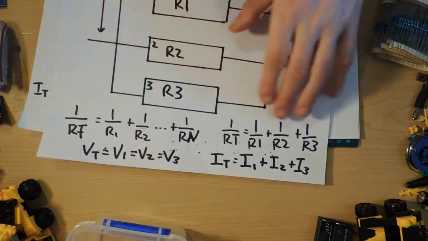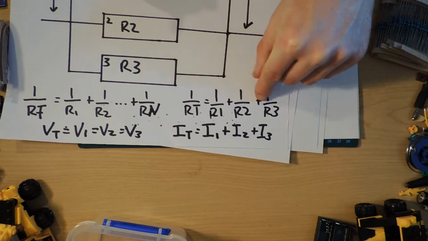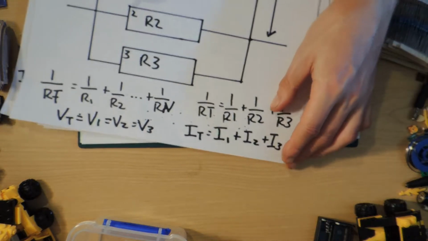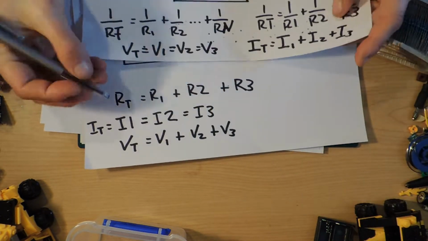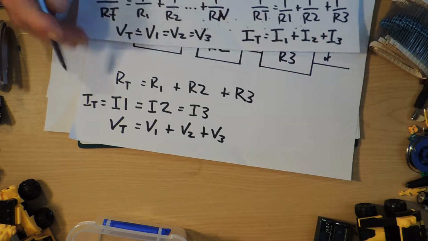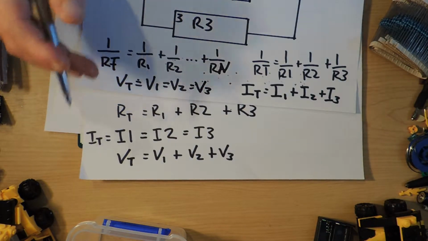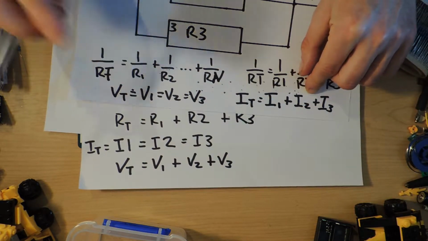So I wrote that over here. 1 over RT is that and that and that, and you can't just say that's the same thing as that just turned over. If you know your maths, that's the reciprocal of RT. But this will come about by looking at these facts here.